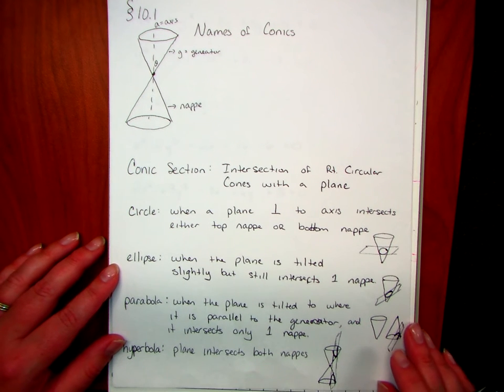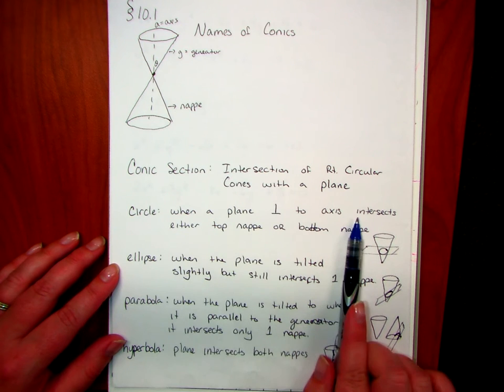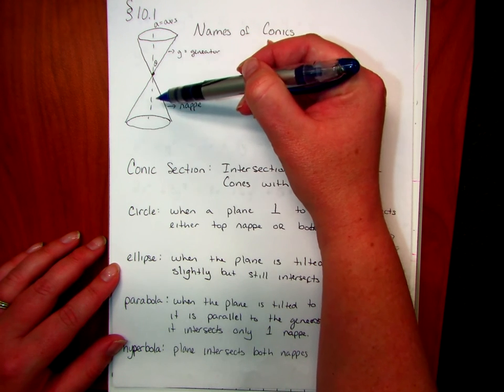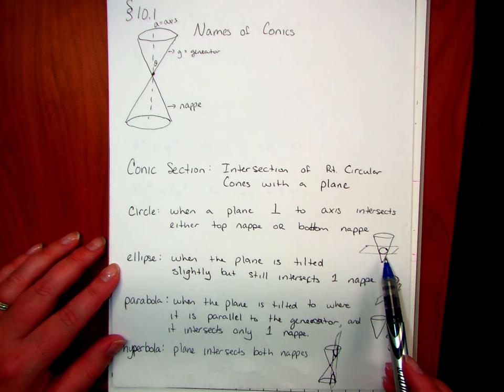So a circle will be formed when the plane is perpendicular to the axis. So we have this vertical axis here, and if we do a plane perpendicular to that, like so, right, the intersection of the plane with the nappe is going to create a circle, right?